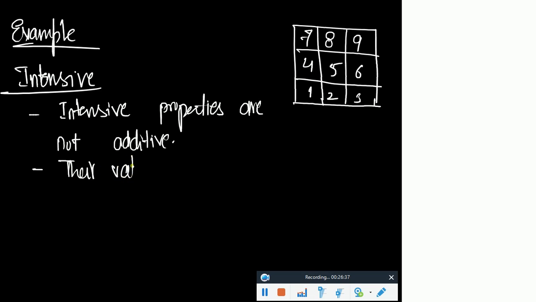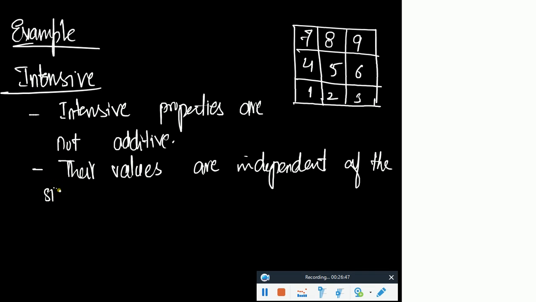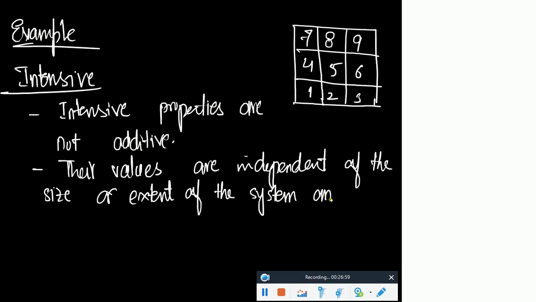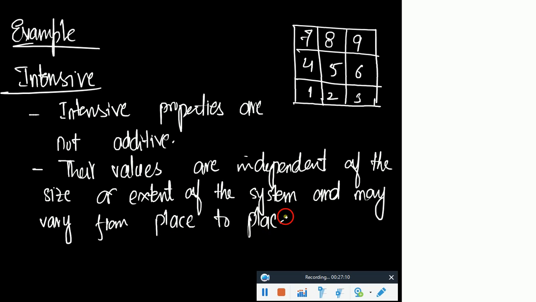The values of the intensive properties are independent of the size or extent of the system and may vary from place to place, just like you consider temperature at this point and temperature at the other corner of the room.